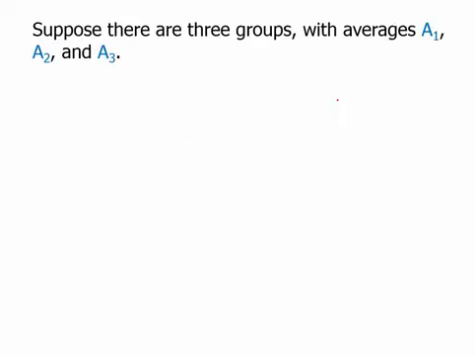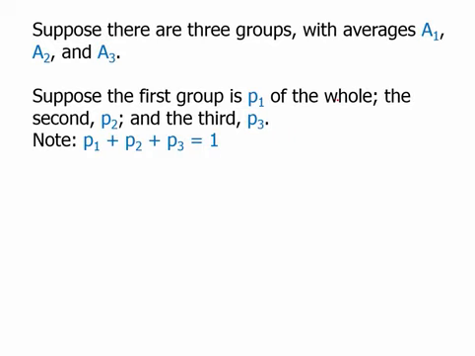So just algebraic, let's talk about this first. Suppose there are 3 groups, and they each have averages, A1, A2, A3. Those are the averages of our 3 groups, or our 3 categories. The first group is P1 of the whole. That's its proportion. The second is P2, the third is P3. In other words, if they're given as percents, we would just change these percents to decimals.